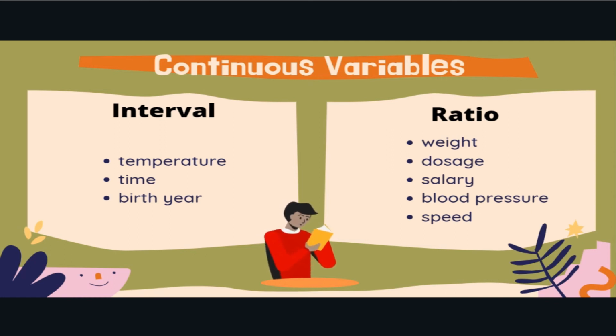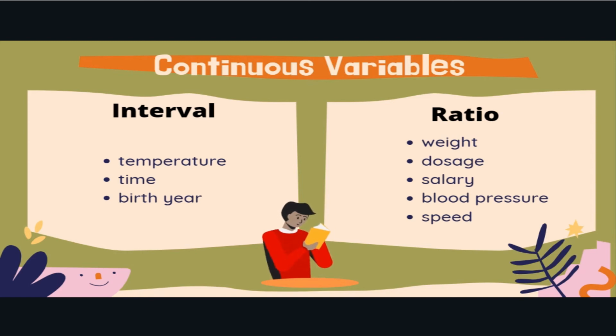Other examples are dosage, salary, blood pressure, and speed. An example of dosage is 5 milligrams of vitamin C per 100 milliliters. For salary, we have 20,000 per month or the minimum wage of 381 pesos per day.